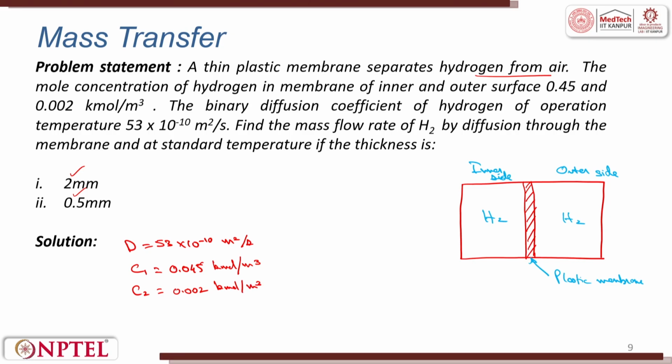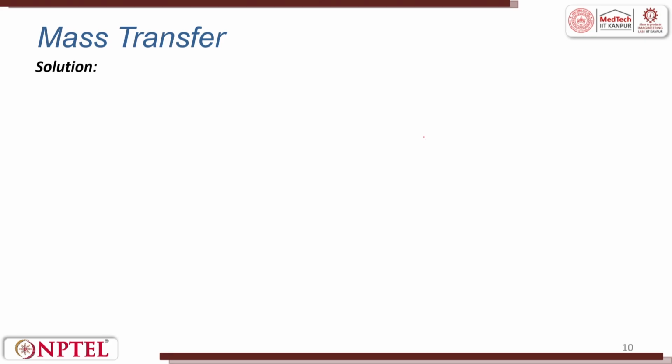Now, we need to find the mass flow rate of hydrogen by diffusion.